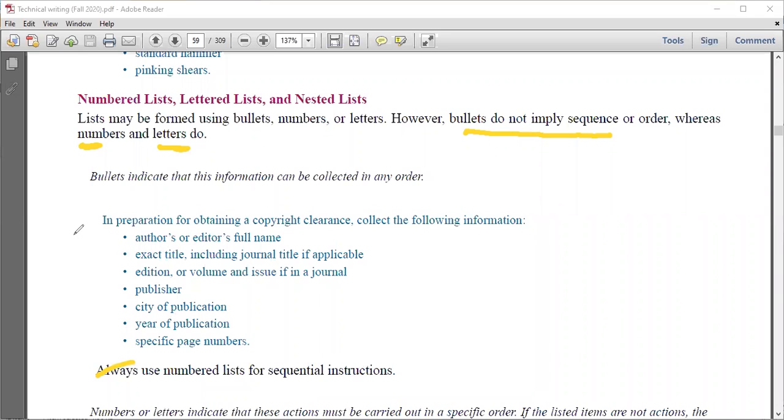So if you want that this should happen first, then this should happen, then this, then this, you got to put numbers or letters. Is that clear? If you don't do that and there is a sequence involved, then the reader might get confused about it, or he may not follow or understand the sequence. So it's better you use numbers when the sequence is involved.